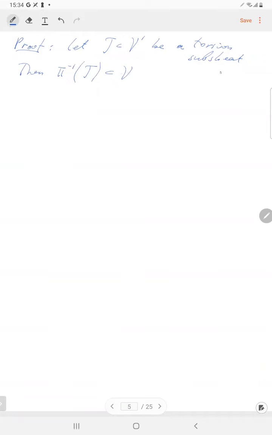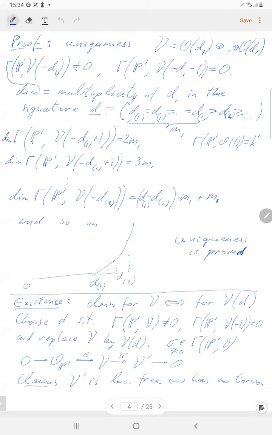So this is a locally free, torsion free subsheaf, and it's locally isomorphic to O P1, right? Because the pre-image of 0 in V prime is O P1, just by definition. It's the kernel of pi.